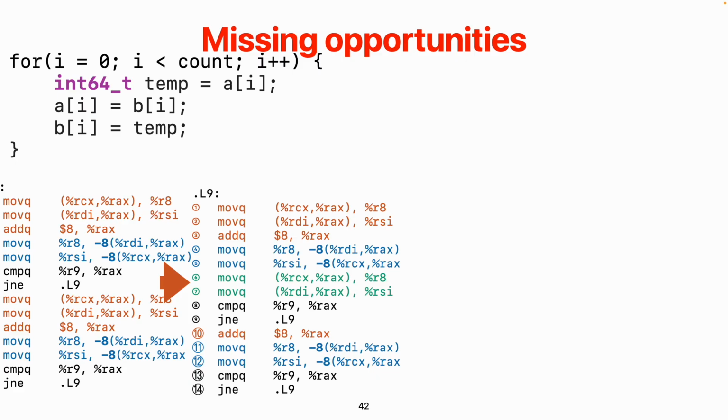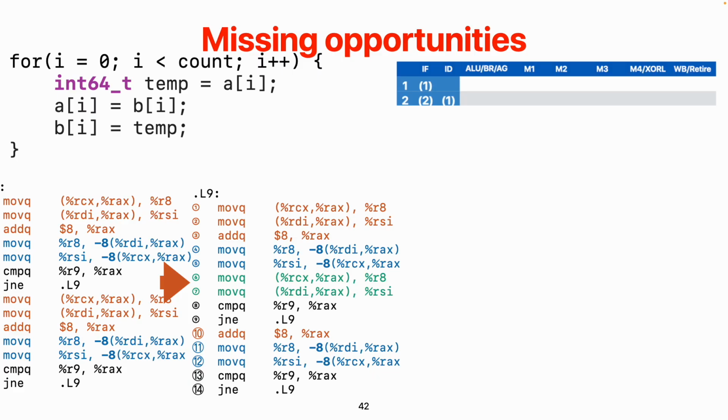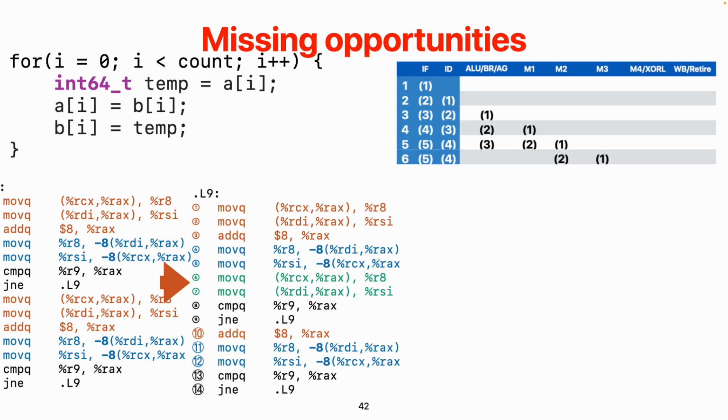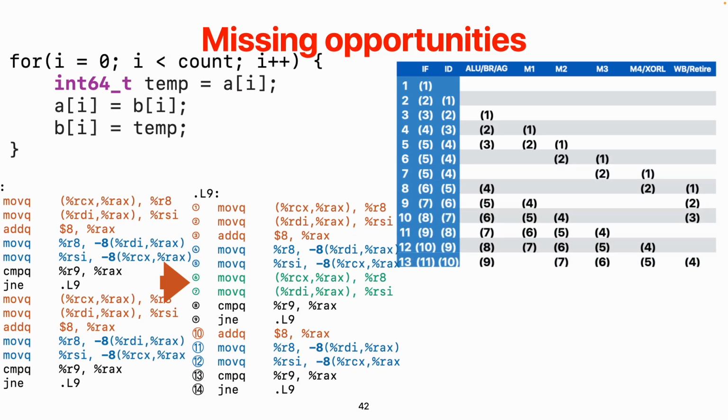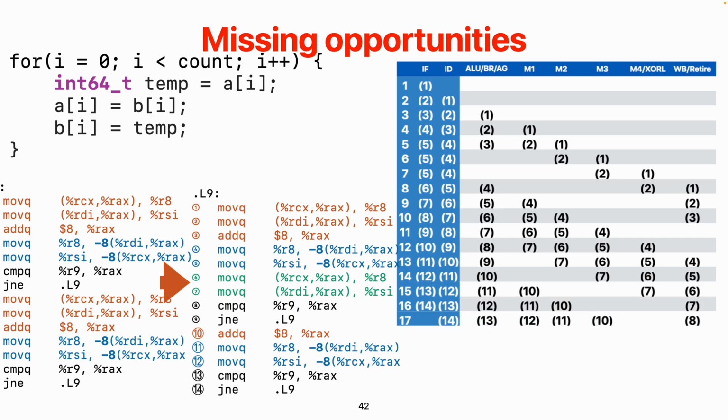What that means is that previously we had the stall here. But now with the loop unrolling, the first iteration is just for reference, but starting from the second iteration, I can use the stall cycles to execute instructions from the next iteration.